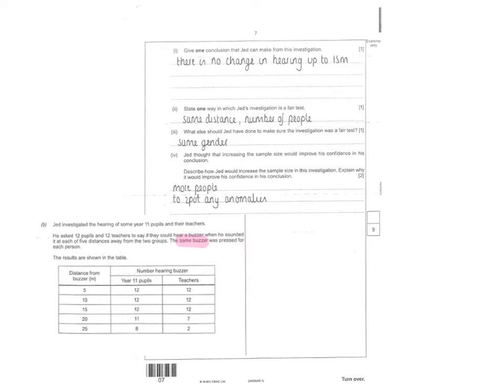Jed thought that increasing the sample size would improve his confidence in his conclusion. Describe how Jed would increase sample size in this investigation. Explain why it would improve the confidence. So, how we could increase sample size, we would add more people into each group, so more Year 11 pupils and more teachers. And it would improve the confidence because we would spot any anomalies by having a larger sample size.